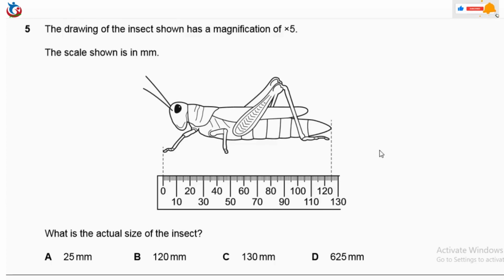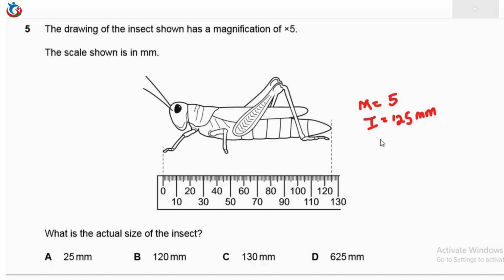So here we have been given the magnification to be times 5, and from the diagram we can have the image size to be this is 120. Between 120 and 130 we have 125, so that is 125 millimeter.